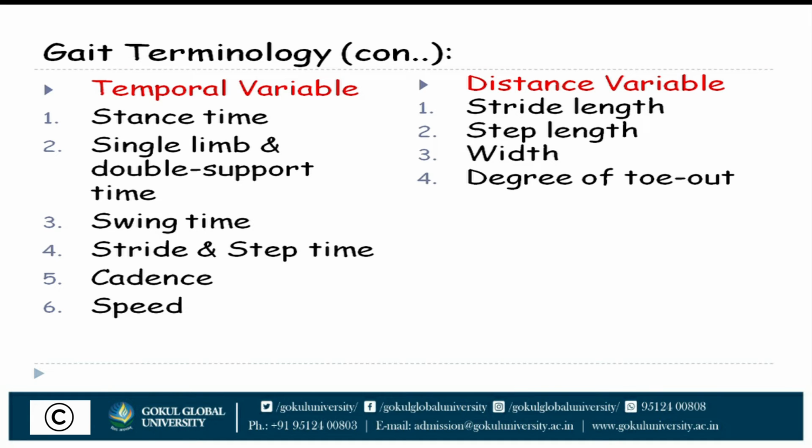Temporal variables: first stance time, second single limb and double support time, third swing time, fourth stride and step time, fifth cadence, and sixth speed. Distance variables: first stride length, second step length, third width, and fourth degree of toe out.